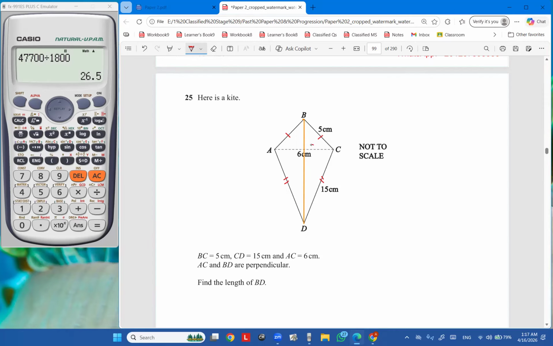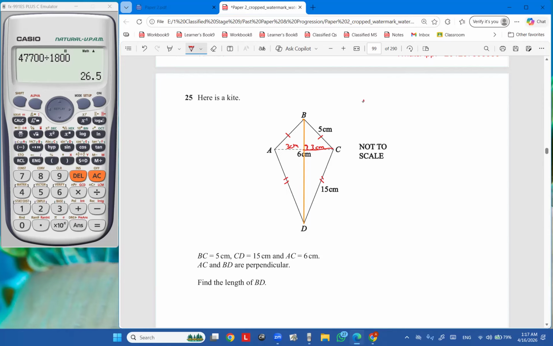So this is only 3 centimeters, and the other one is 3 centimeters. Can we find BD? Yes, we can, because we know that this is a right angle. I have the hypotenuse and one of the two legs. Can I find the other leg?